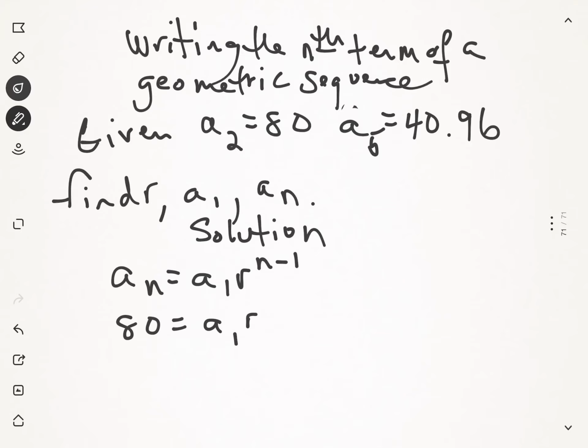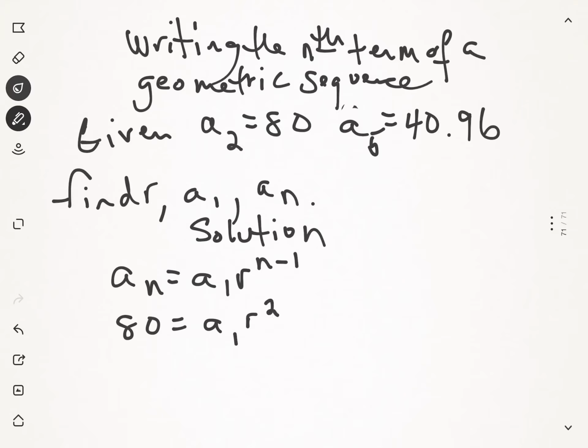So a sub n is 80, so n is 2. That gives me 80 equals a1 r.